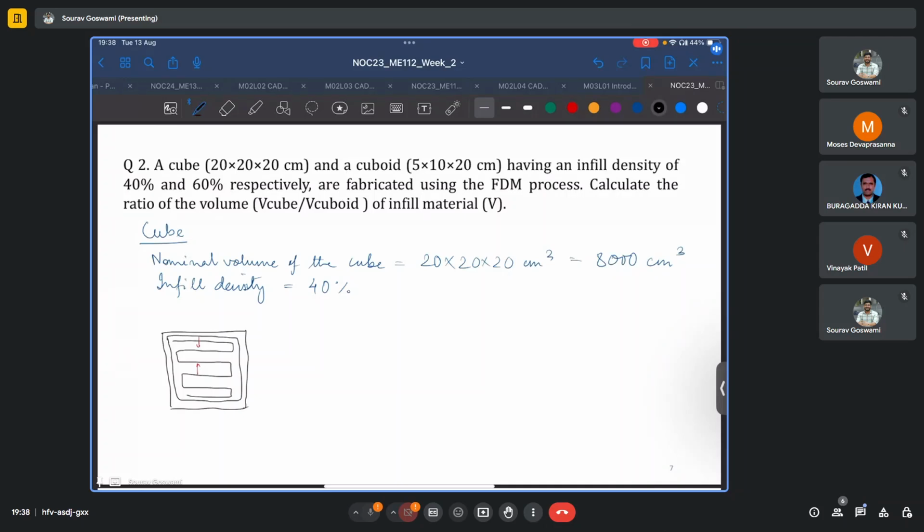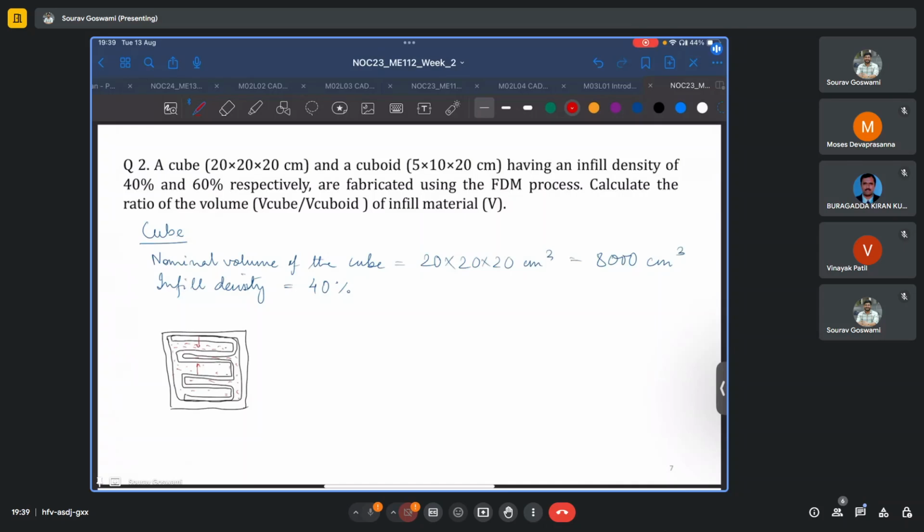So if we are to show the bead itself, it can look something like this. All of this remaining region is actually not filled. Of course, this is a very exaggerated view, but you get the general idea. That is, by modulating the overlap, by modulating the hatch distance, the step over, the toolpath strategy, we can change the infill density that we achieve.